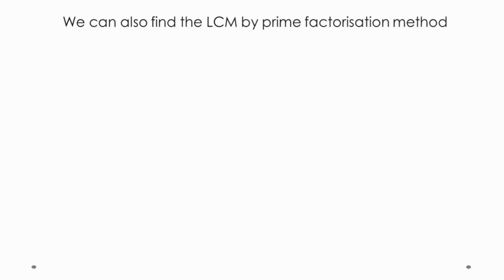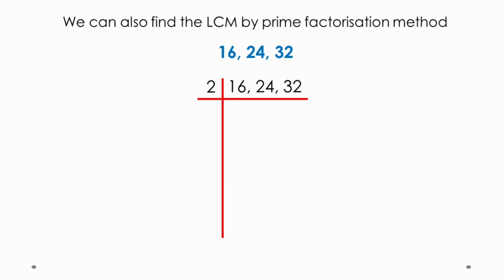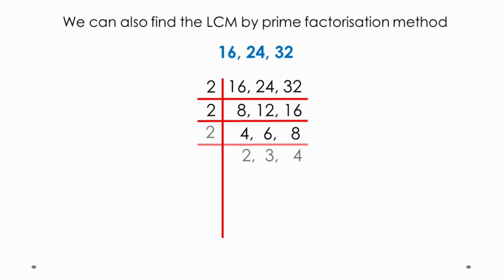We can also find the LCM by prime factorization method. Let us use this method to calculate the LCM of 16, 24 and 32. This method involves dividing the set of numbers by prime factors till the quotient is 1. Let us start with the smallest prime factor that divides at least one of the three numbers. 2 is the smallest prime number that divides 16, 24 and 32.